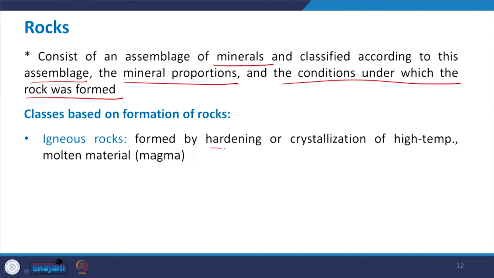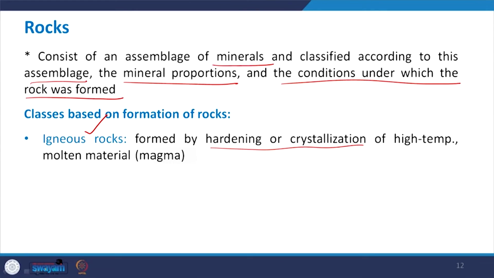These are formed by hardening or the crystallization of hot molten material, so magma. When this erupts, it goes all around on the surface inside the earth's crust. Then over a period of many years, it cools down, giving rise to igneous rocks.